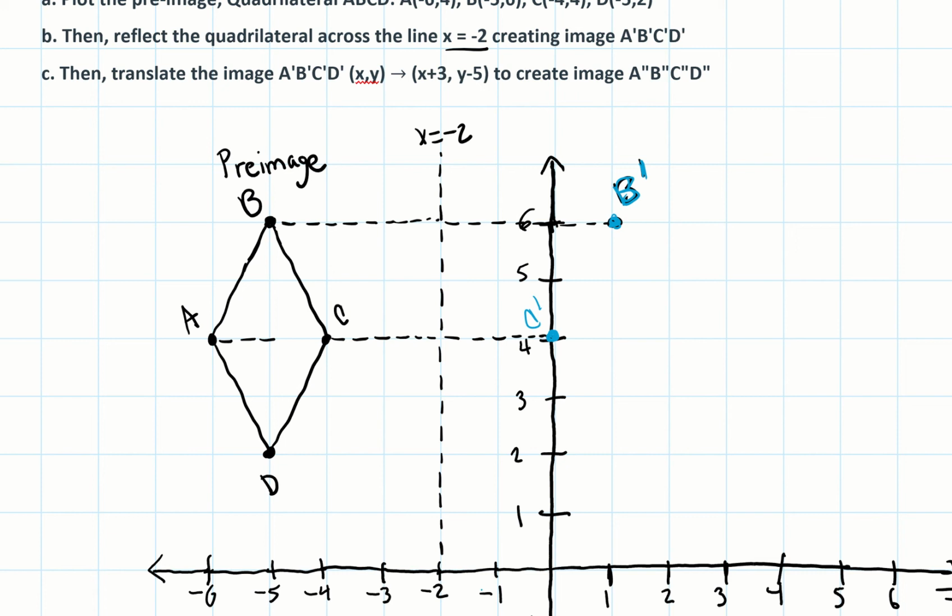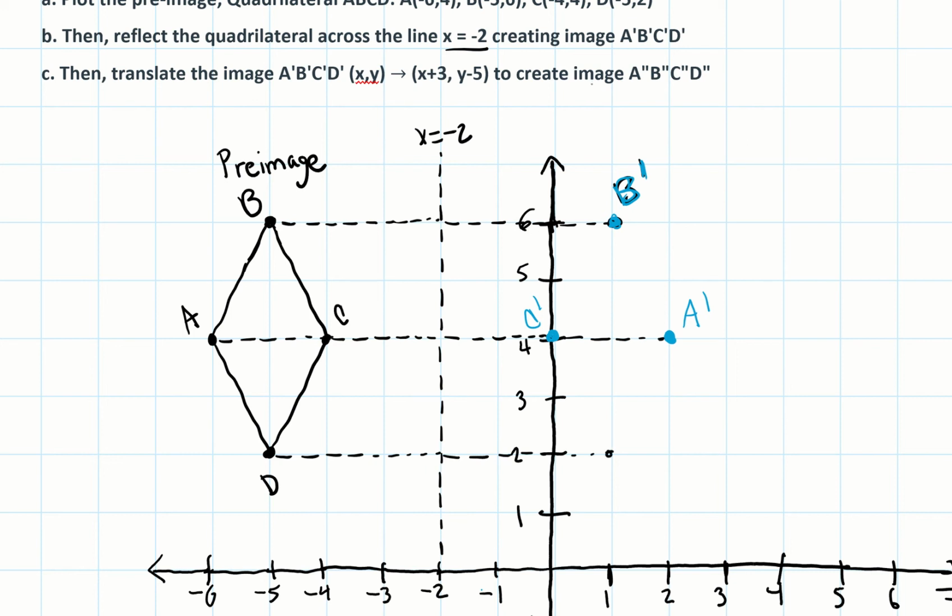A looks like it's 1, 2, 3, 4 units away. So it's going to be 4 units away, up to this point. D looks like it's 3 units away there.